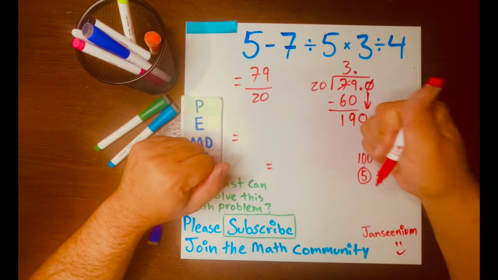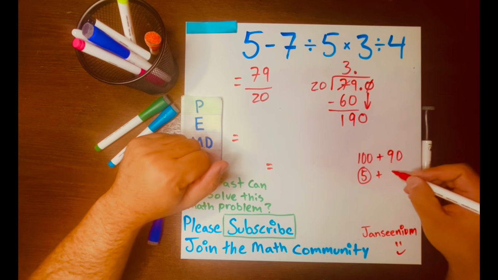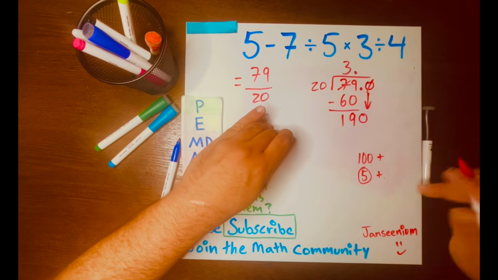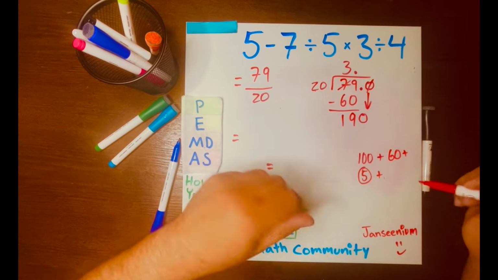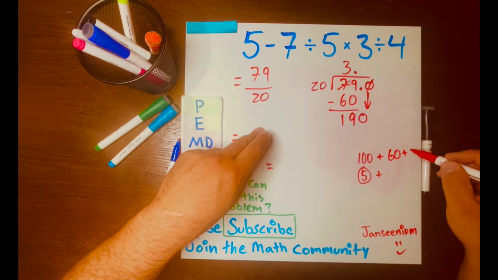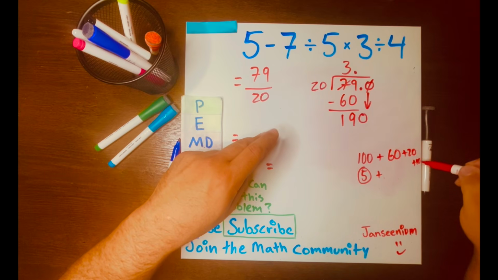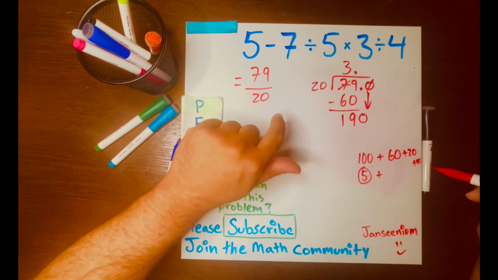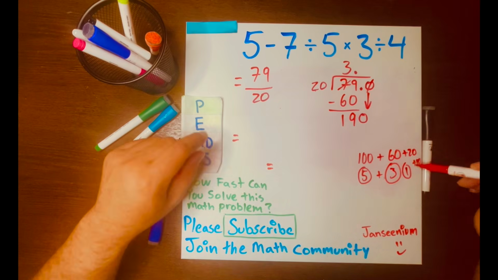So you can do 60 plus 20 and 10. You can fit 20 into 60, 20, 40, 60, 3 times. And you can fit 20 one time, and you're left with 10.